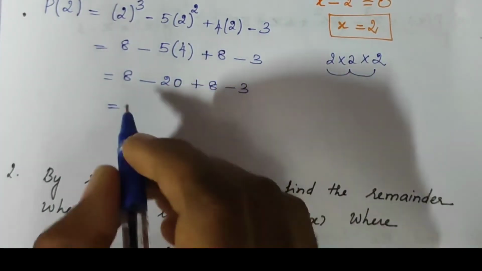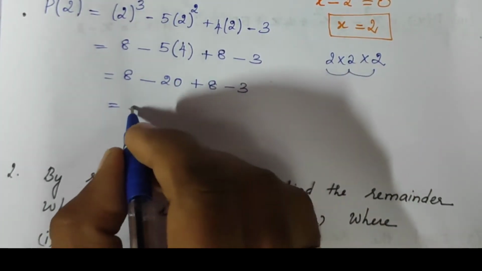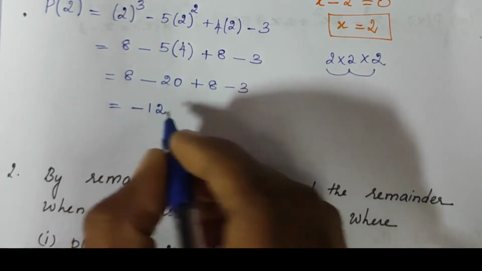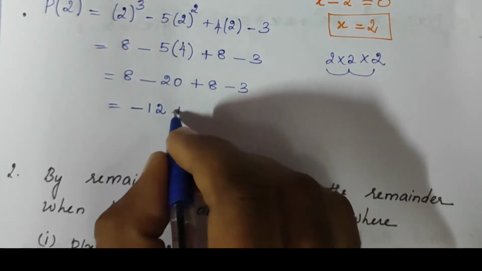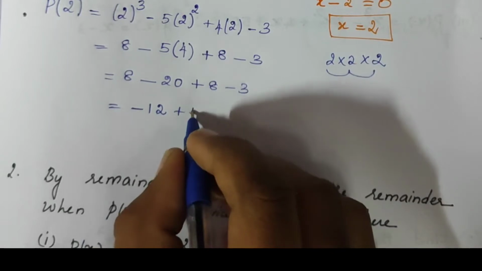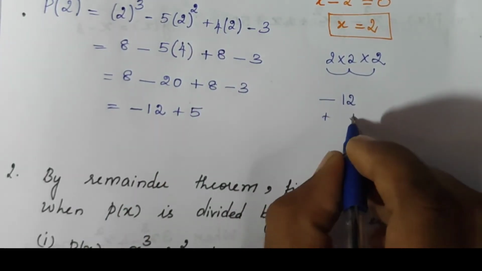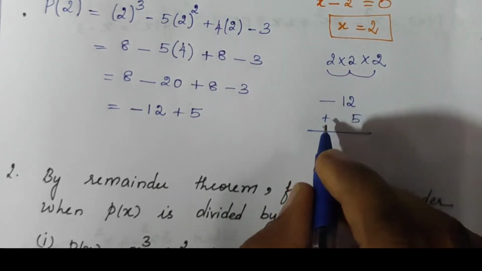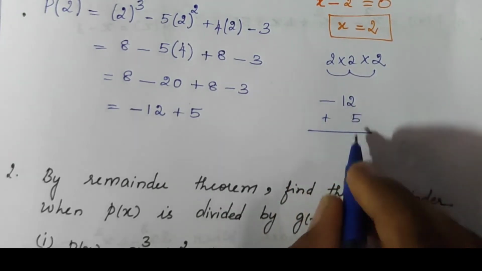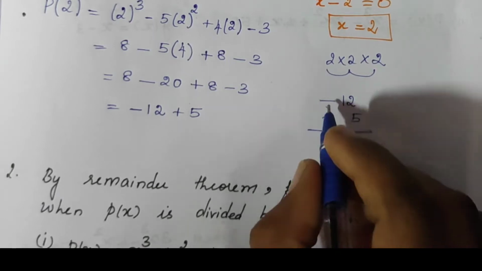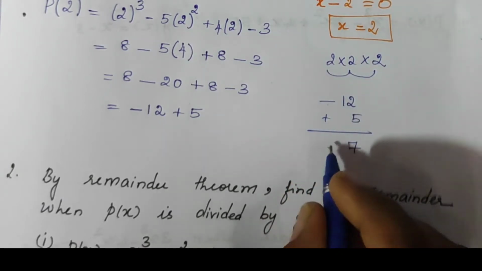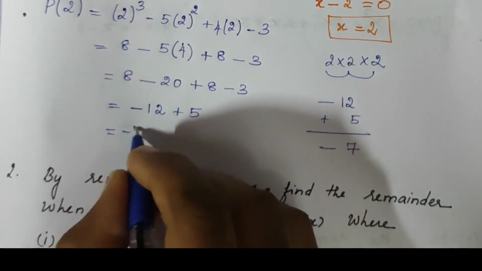So 8 minus 20 is minus 12, plus 8 minus 3 is 5, so minus 12 plus 5. Minus into plus is minus, so you have to subtract: 12 minus 5 is 7, and the sign of the greater number is minus, so it is equal to minus 7.